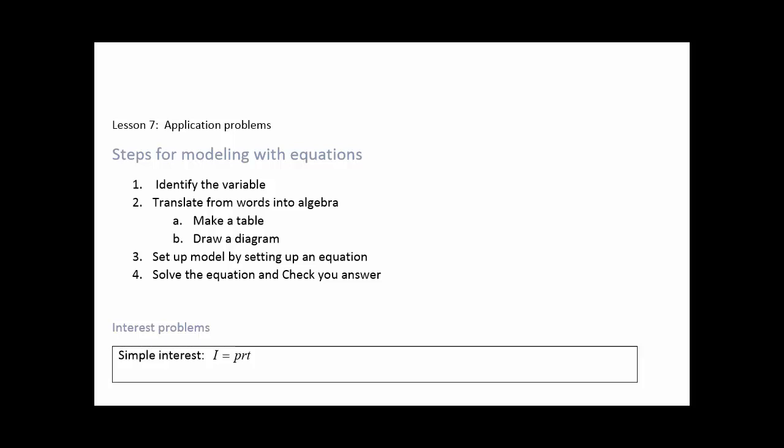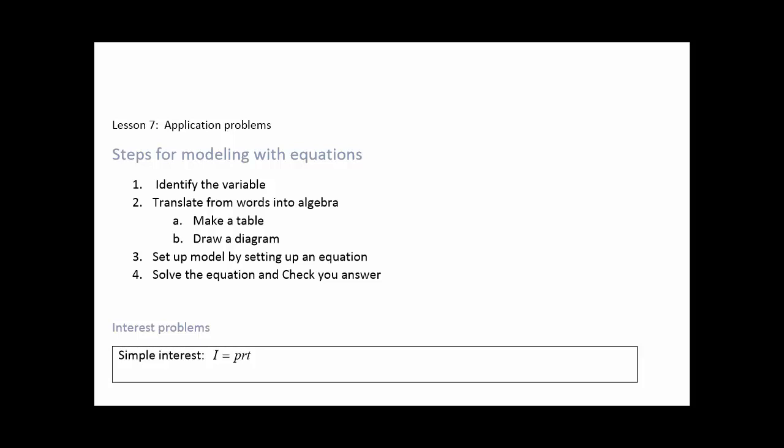Either there's a vocab word that we're not sure what it means, so go look it up. There's some formula or concept that is trying to get you to recall, so go refer to it. Or we just haven't taken the time to read and understand exactly what the question is asking for us to do. So read it a couple of times and make sure that you can re-express it in your own words.